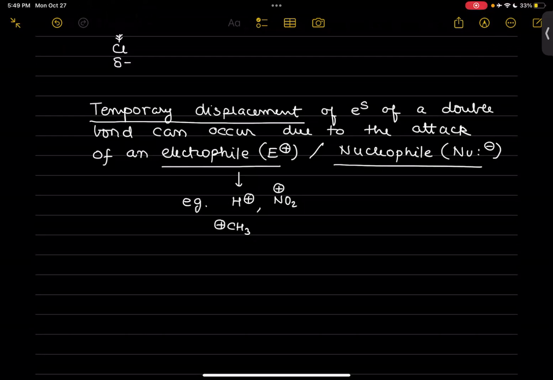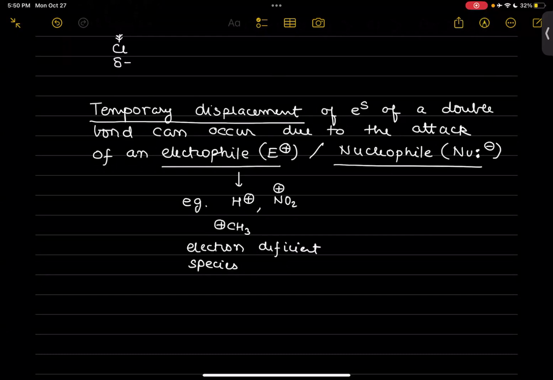Nucleophiles are nucleus loving species. Which species can bind to the nucleus? The one that carries extra electrons. Electrophiles are electron deficient species, electron loving species.